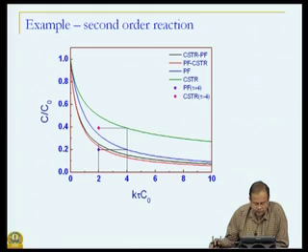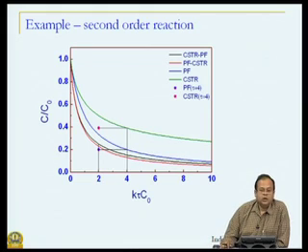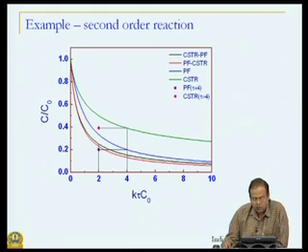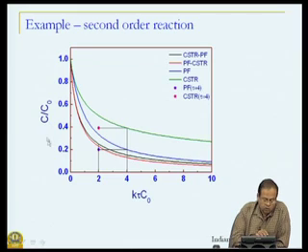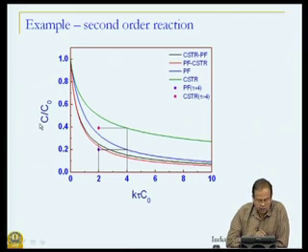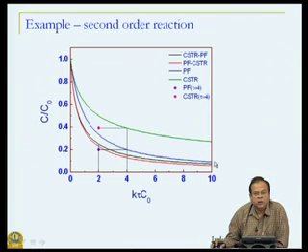will happen. Let us look at an example where we carry out a second order reaction, and the results that you are seeing show the exit concentration as a function of different residence times. Different colored lines are showing different combinations.